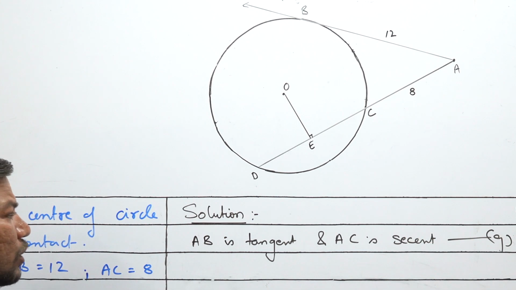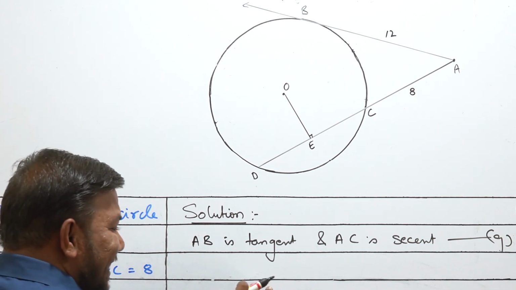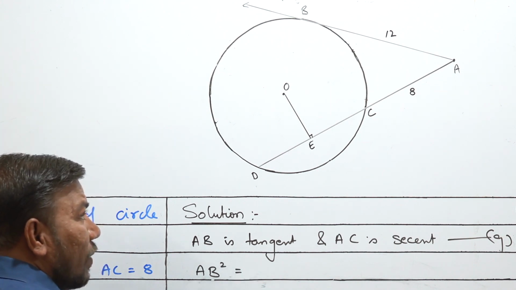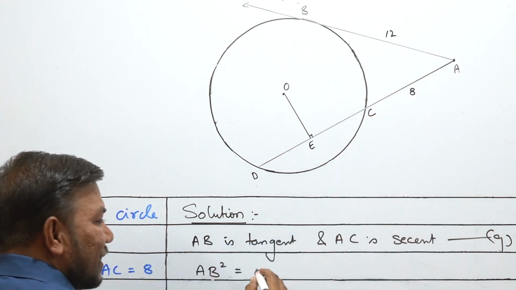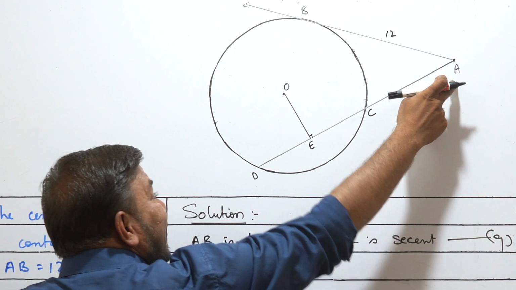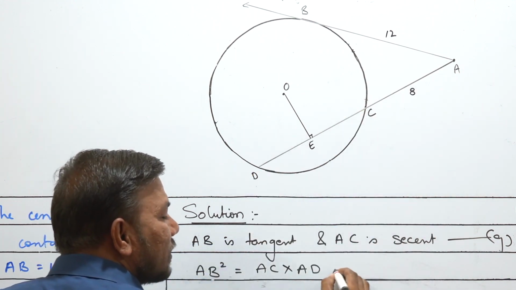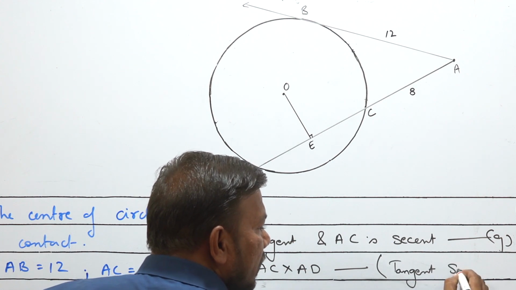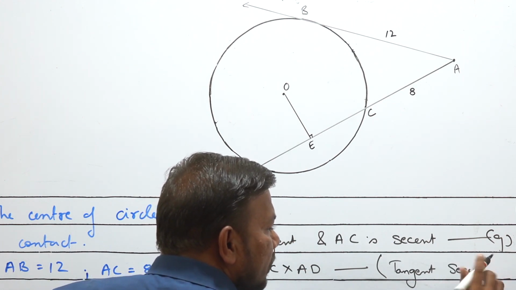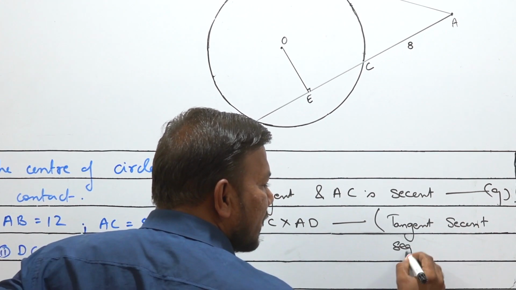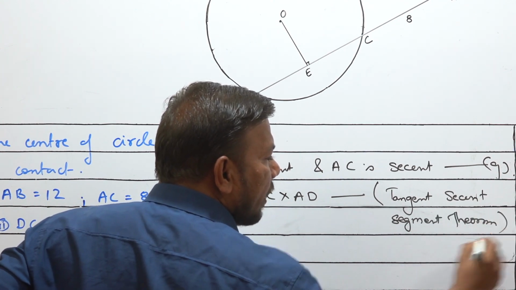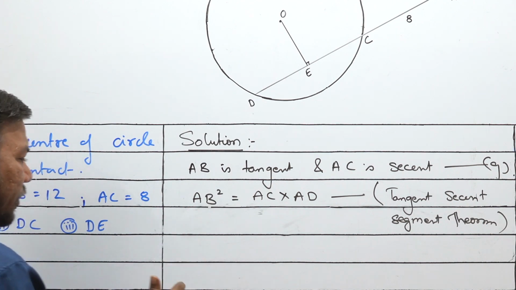So we have the tangent secant segment property, that is AB tangent square will be equal to the outer part of the secant into the entire secant, that is AD. The reason is tangent secant segment theorem. Fine. Now we will substitute the values.